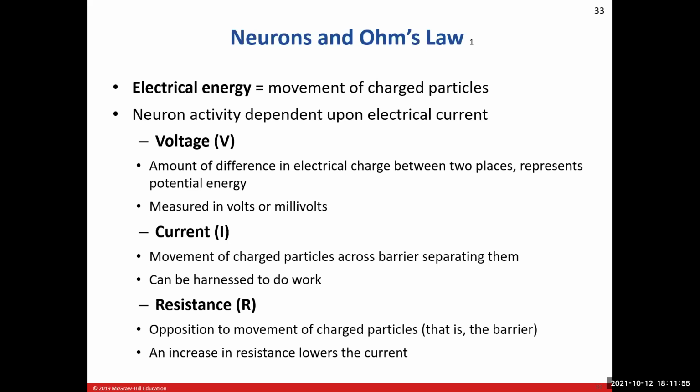And so we're going to use that current to perform certain physiological functions here. And then finally, resistance. That's going to be the opposition to the movement of those charged particles. In our case, it's going to be the actual physical barrier of the plasma membrane. And so when we have an increase in resistance, it's going to be more difficult for charged particles to move. So we'll also see a decrease in the current here.